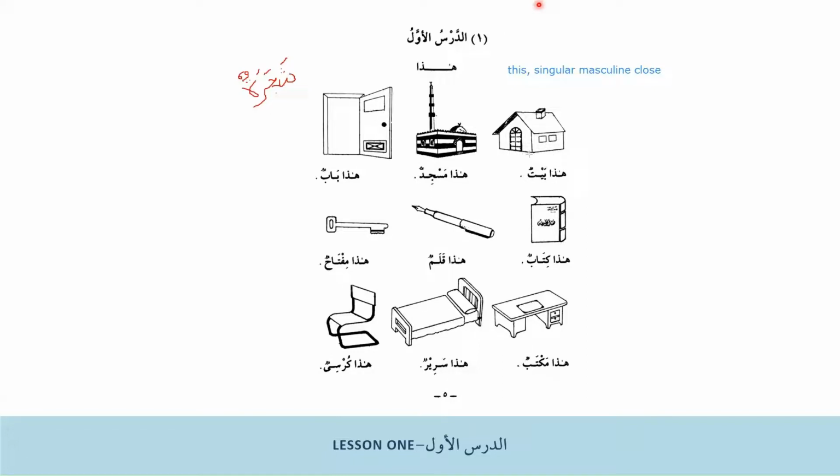So without the help of the pictures, can you mention what the meaning of the Arabic sentence is? This time around, inshallah, we'll be removing the Arabic itself totally. So let's go ahead.